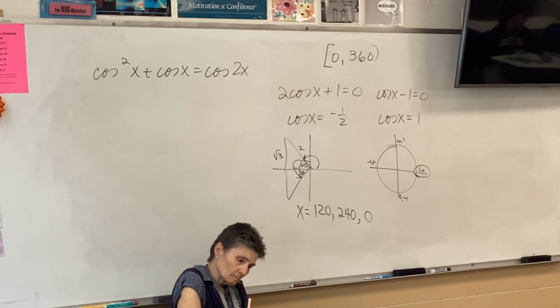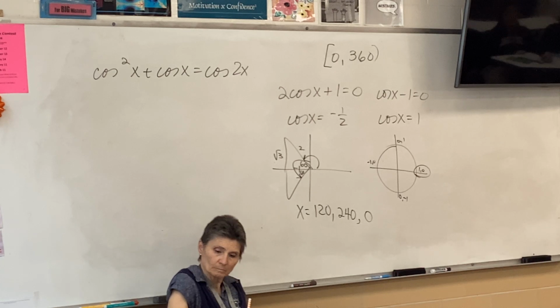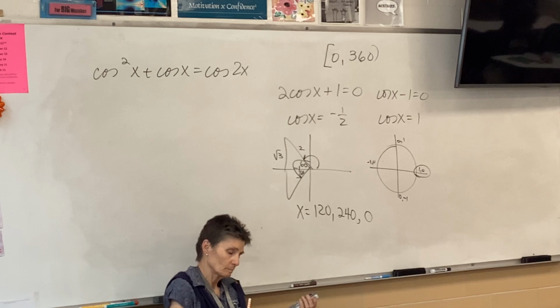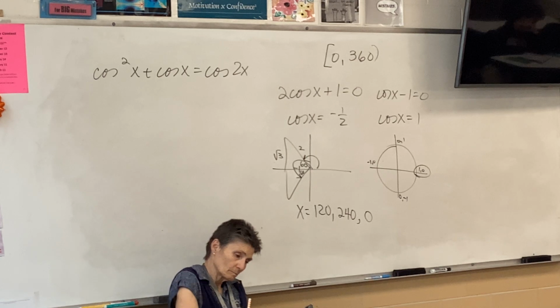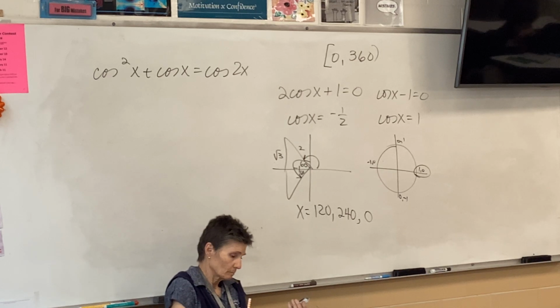You have to factor it first. Negative cos x minus 1, and then cos x plus 1. Let me see if I got it right.